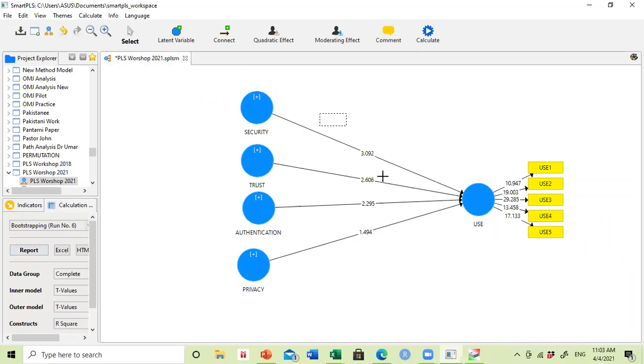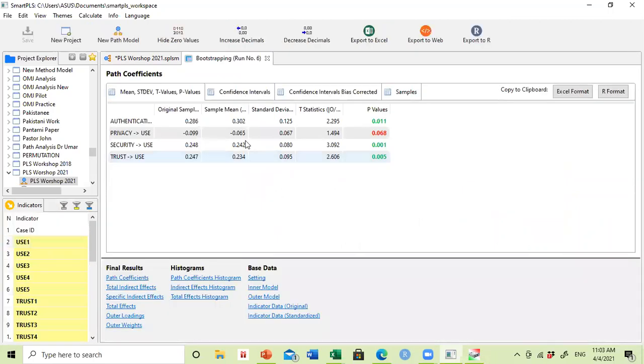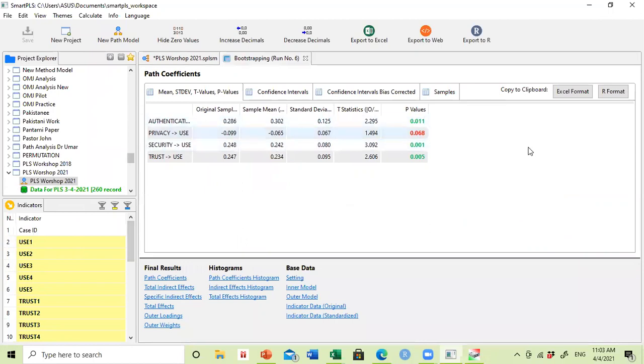This is what you have. You just have to go to part coefficient report. In the report, this is your relationship. You have original sample. When you see original sample, it means beta values. The sample mean you don't need.